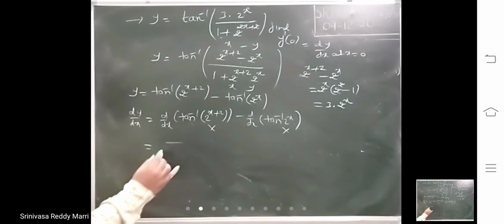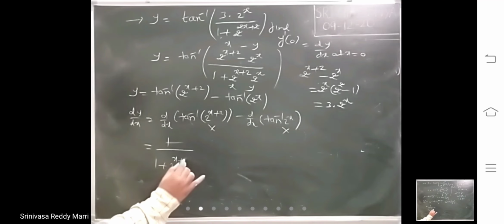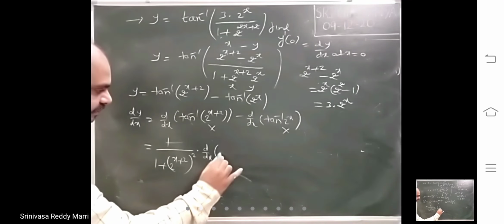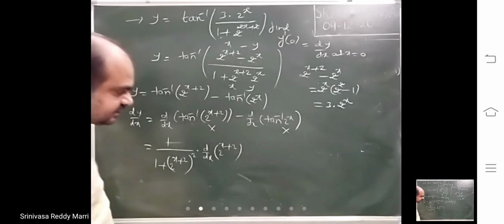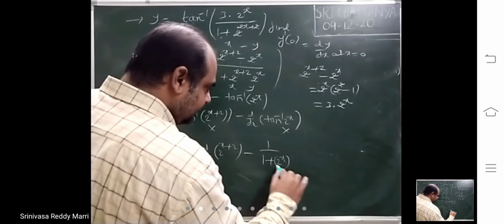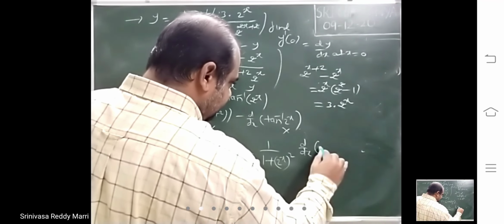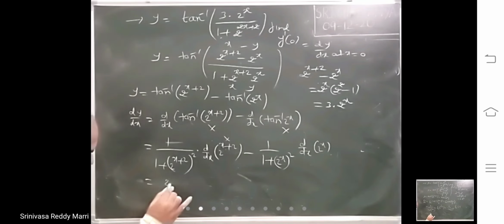What is the formula? 1 by 1 plus 2 power x plus 2 whole square into d by dx of 2 power x plus 2, minus 1 by 1 plus 2 power 2x into d by dx of 2 power x. Right? Now treat 2 power x plus 2 as capital X.